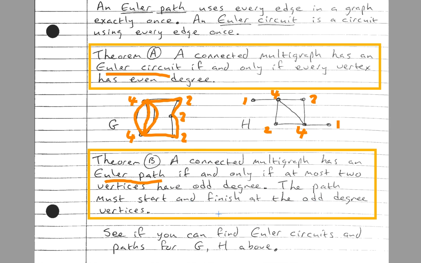And the path must start and finish at the odd degree vertices. So let's start here. Could go this way and here. Okay, we used every edge and got an Euler path. That's a nice question: find Euler circuits and paths.